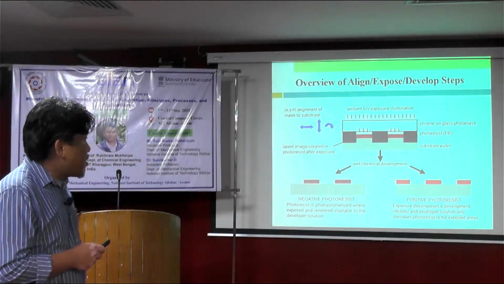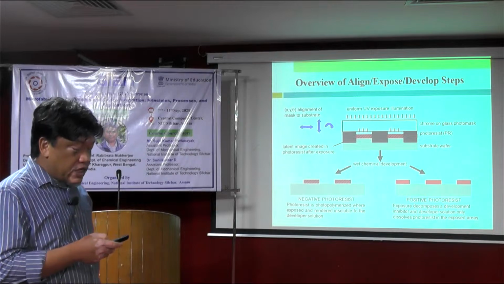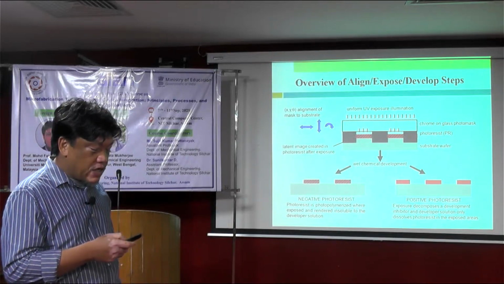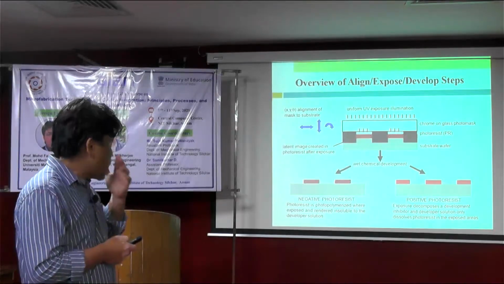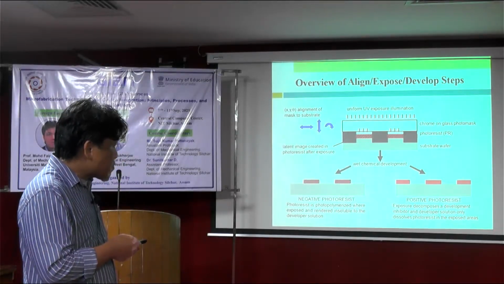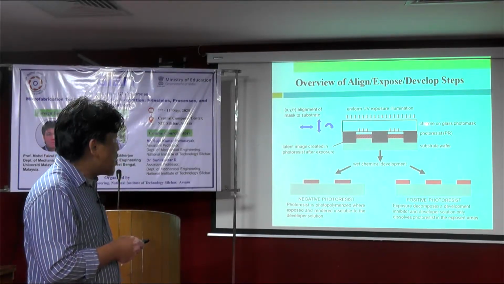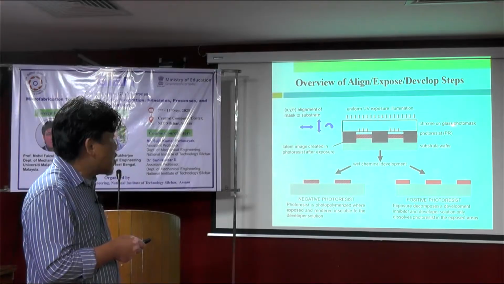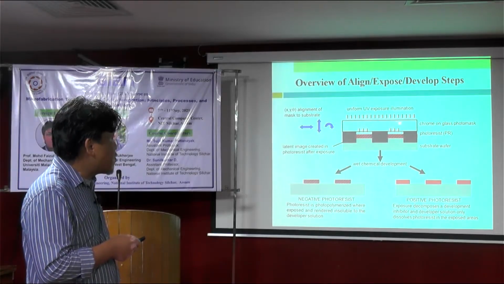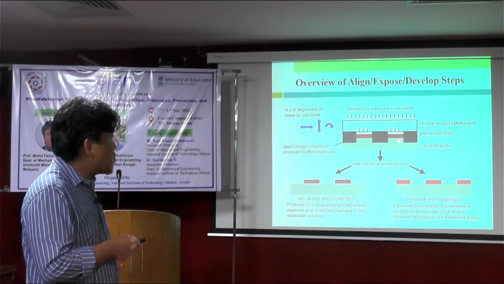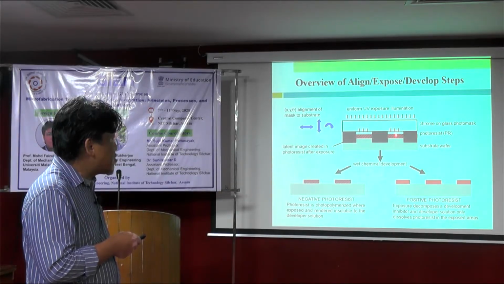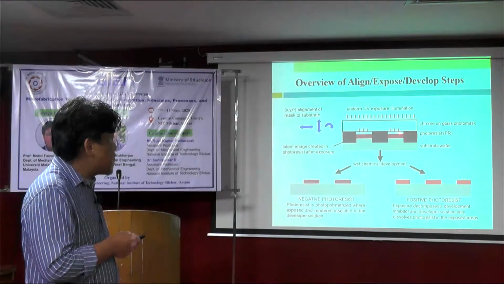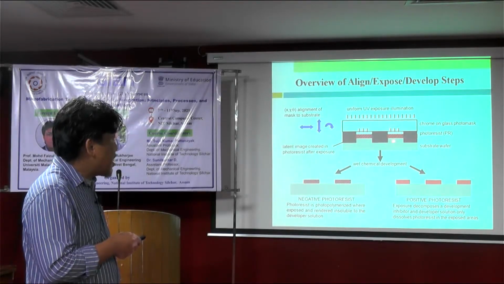And after pre-bake, then we expose the substrate or the material with exposure of UV light. We have a chrome on glass photomask. This is the photomask. So this is where it's not covered. Then the light will pass through. The UV will pass through here and expose this photoresist part to the light.